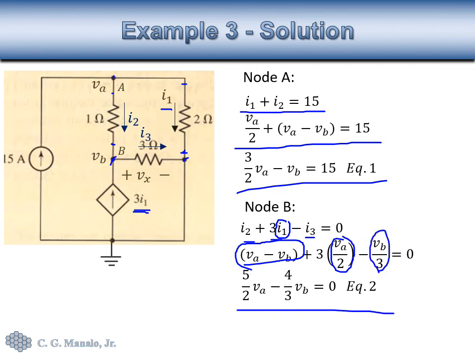Simplifying, that should give us this equation here. We did not solve for the values of the node voltages VA and VB, but after solving those voltages, we could solve Vx by this equation and I sub 1 by that equation.